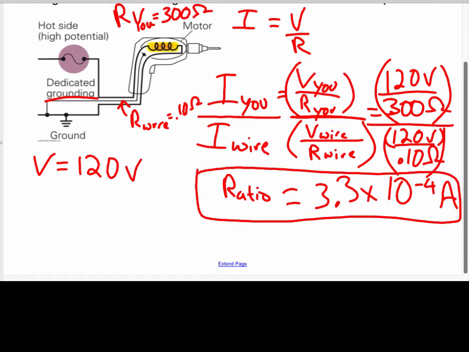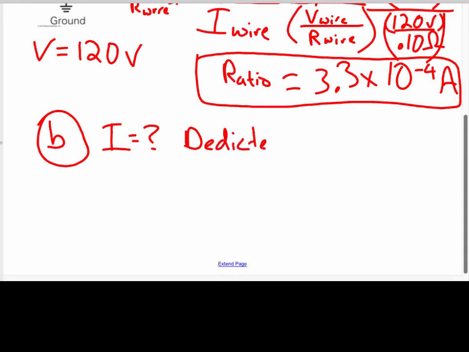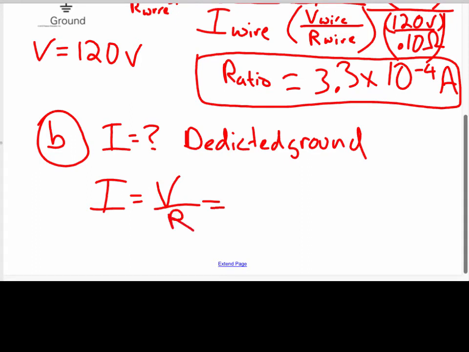Now, part B wanted to figure out what the current would be going through the dedicated ground. I didn't write it up there. So part B is, what is the current going through the dedicated ground? Well, that's pretty easy. We said that I is equal to the voltage divided by the resistance.